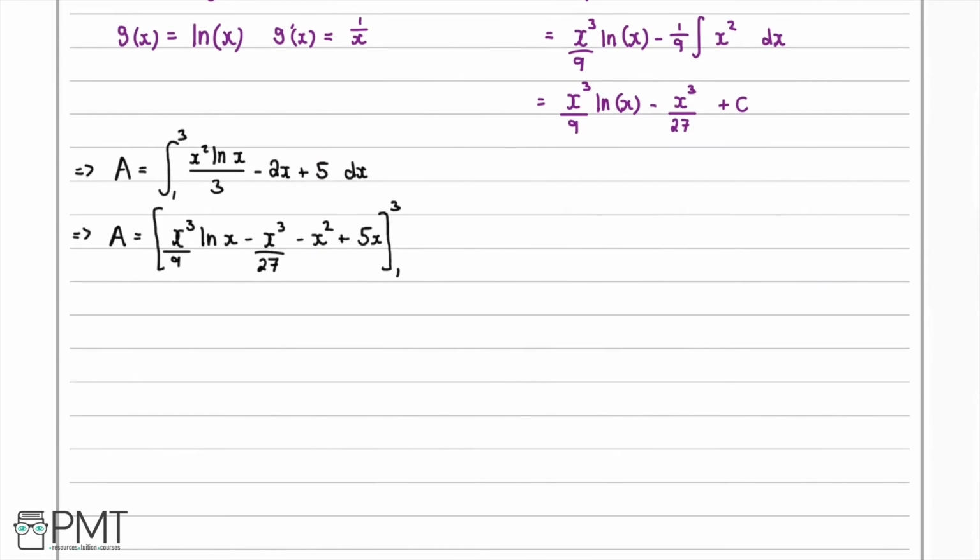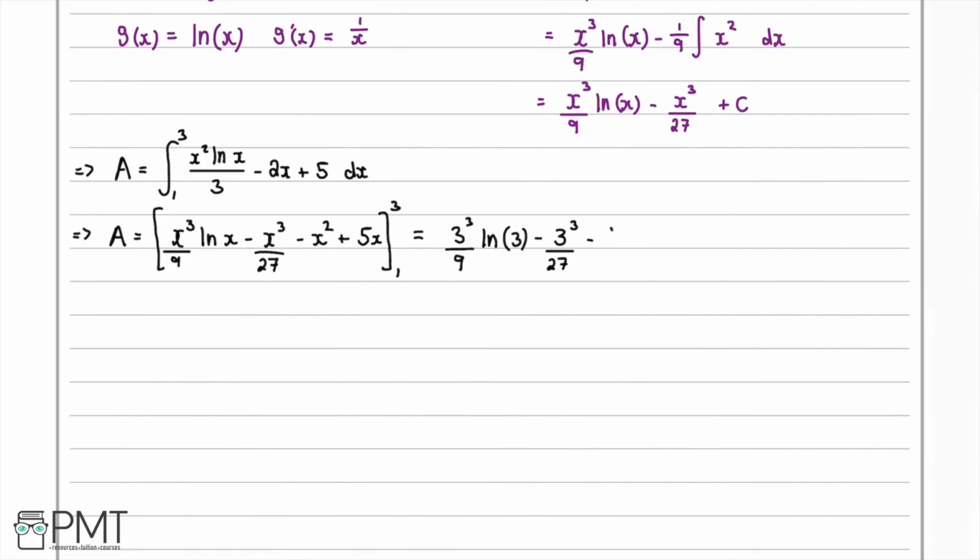And this is called evaluating a definite integral. So this is going to be equal to, by first taking our upper limit 3 and substituting this in, we're going to have 3 cubed divided by 9, and we multiply this by ln of 3. And then we're going to subtract 3 cubed over 27. And then we subtract 3 squared, which is going to be 9.